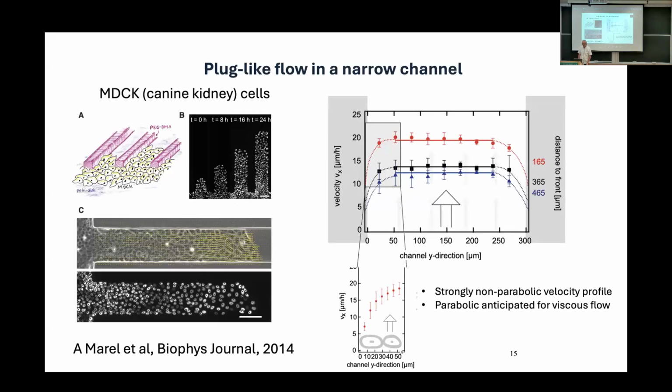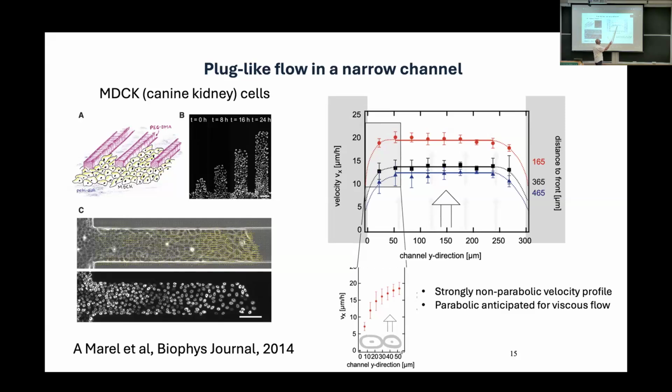One of the most striking examples is invasion of narrow channels by migrating cells. If you consider a fluid which invades a narrow channel, you would think about Poiseuille flow and a parabolic velocity profile, right? These experiments were performed about 10 years ago, and these cells were invading the channels, and the velocity profile demonstrated this kind of structure.